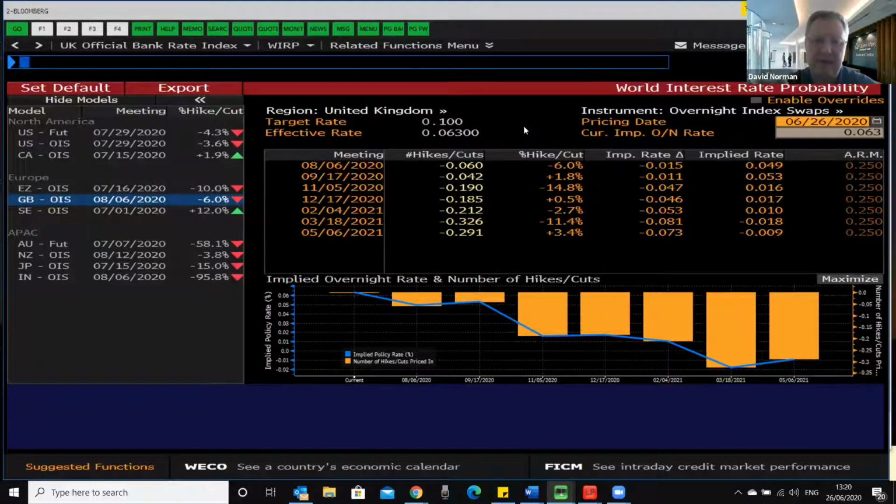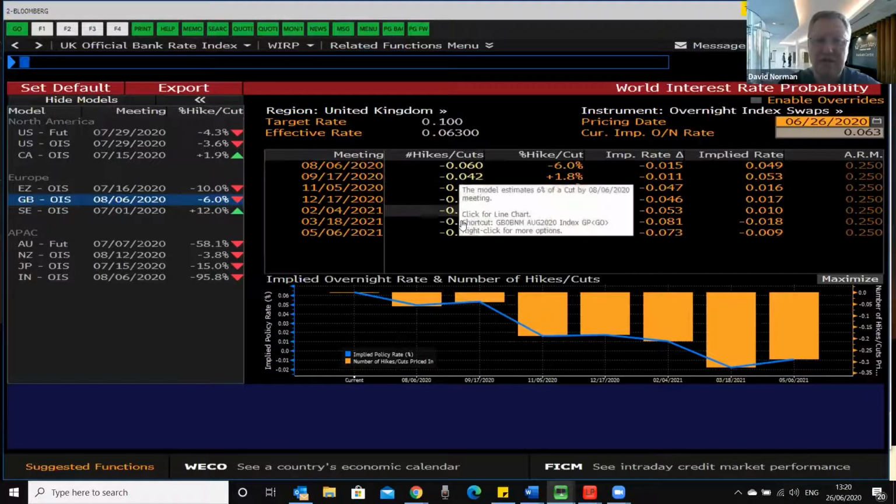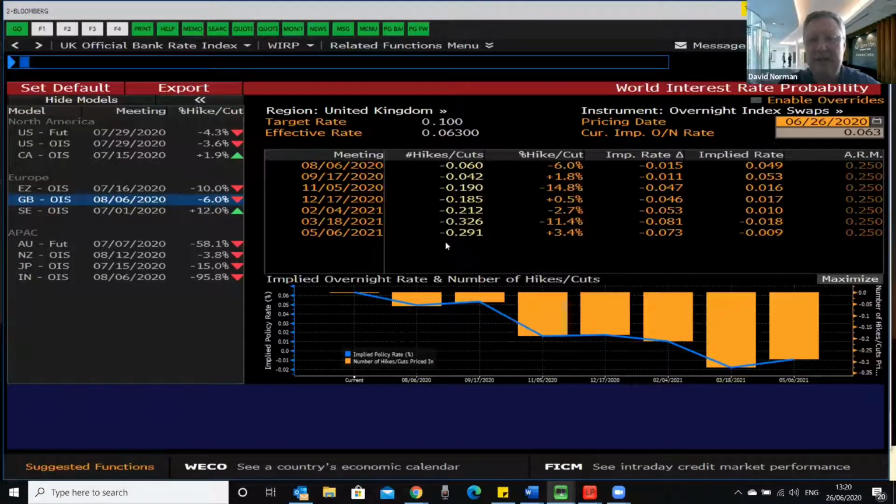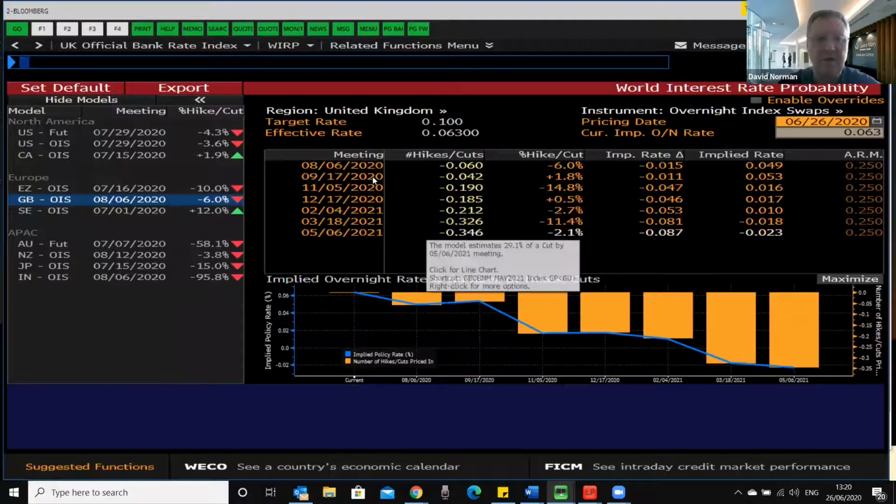And this is something the Bank of England has been discussing. But we can also have a look at all the meetings and the expectations of increases or decreases in the number of hikes. So we're not looking at seeing any increase in interest rates currently scheduled for the next meeting and the one after. So this is always very useful for us.